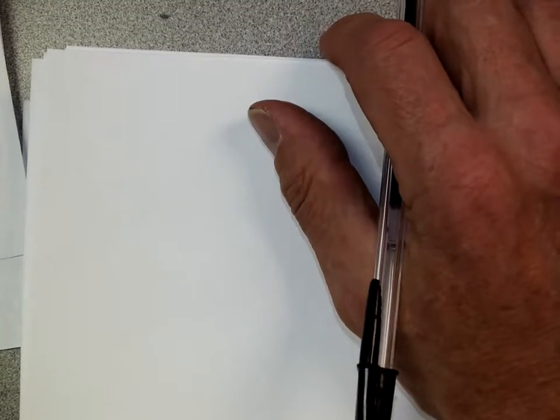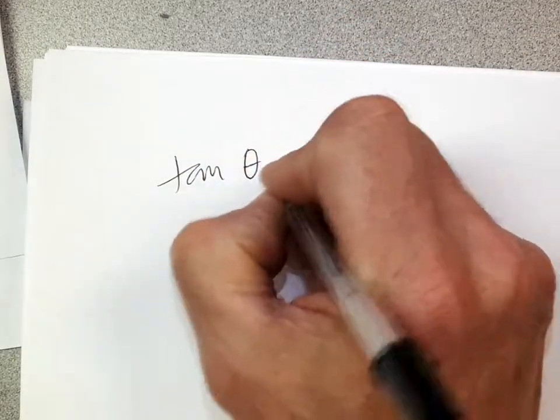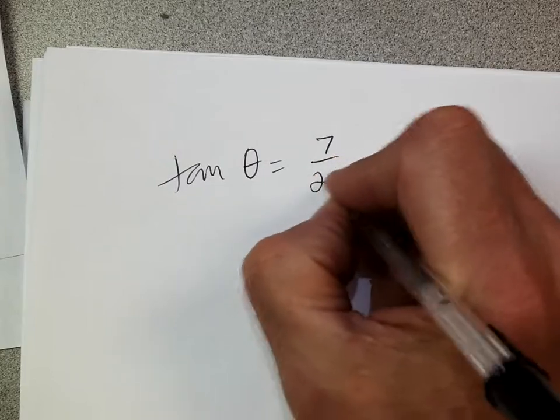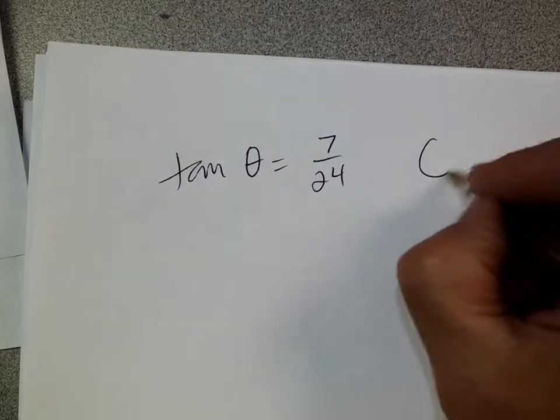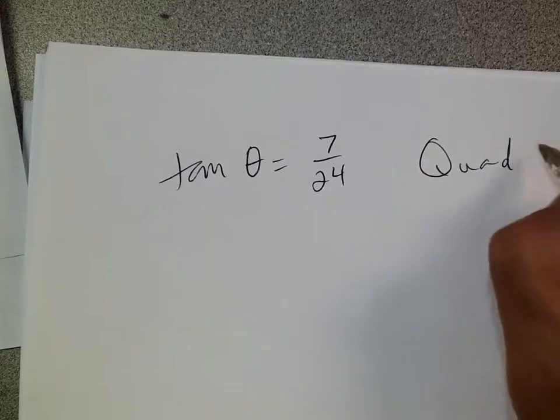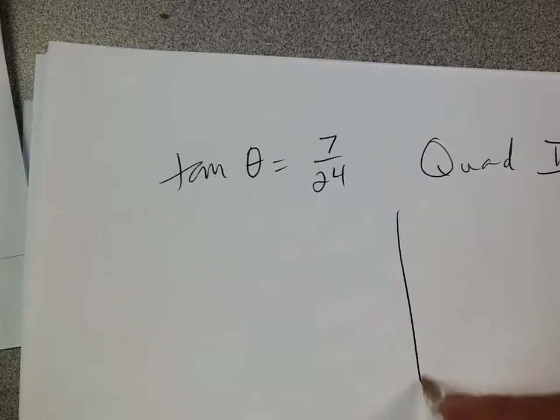Let's do number 20. Okay, now this is going to be one of these things where you can miss a whole lot of points, or you can get them all right, okay? So, tangent theta is equal to 7/24, and it's in quadrant 3, okay? So do your axes.